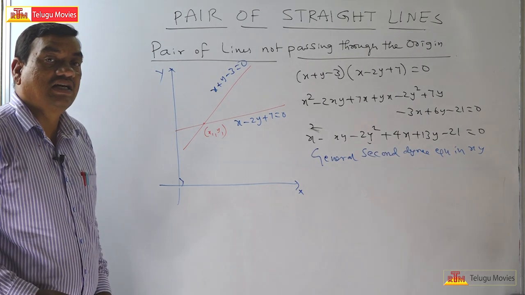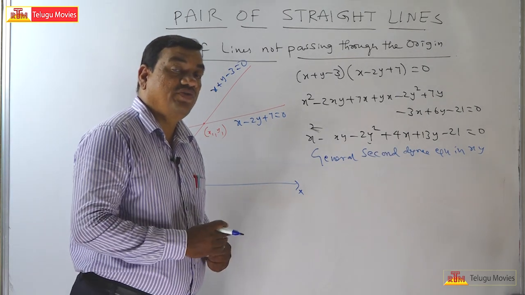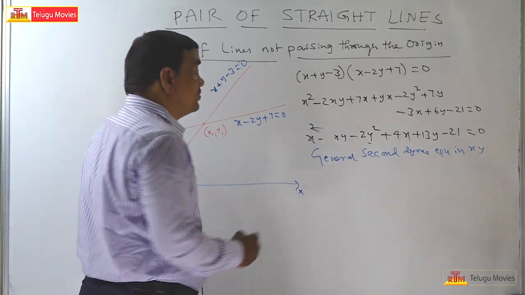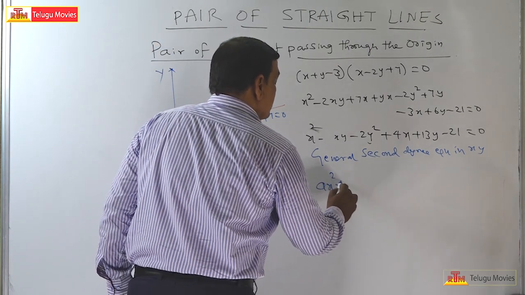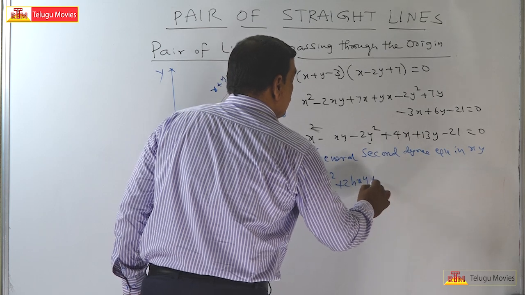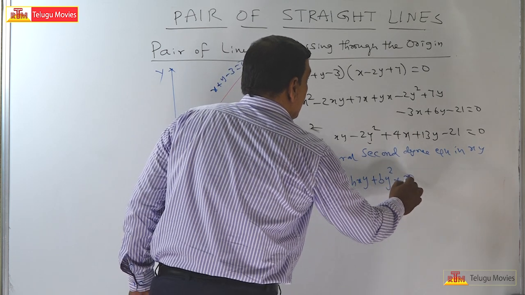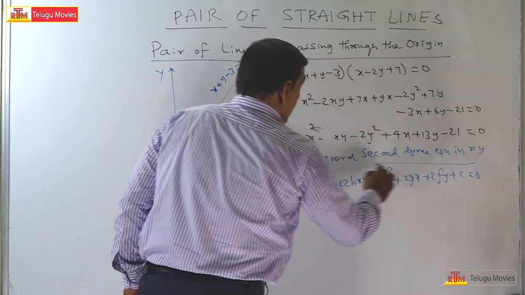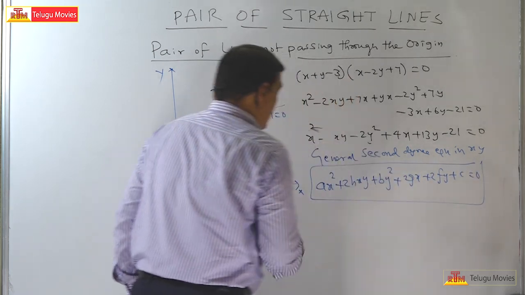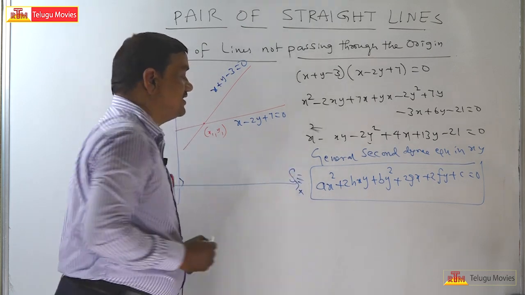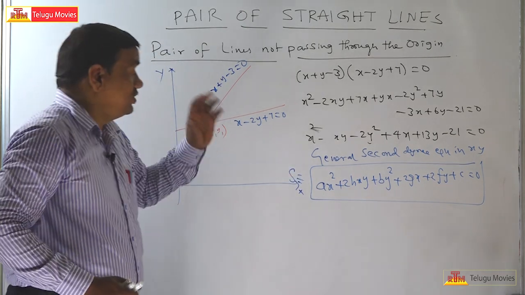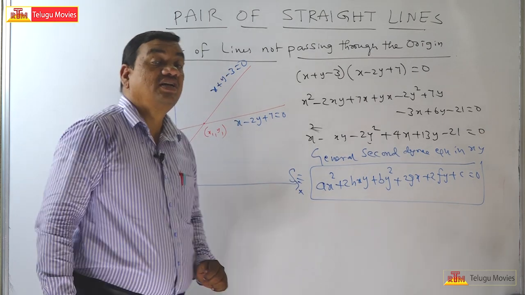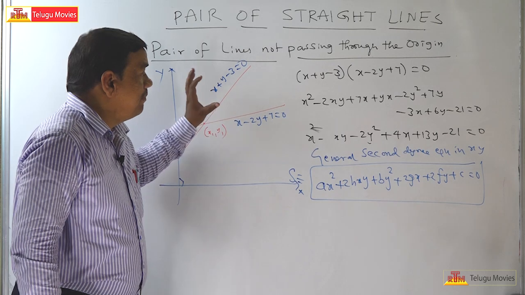In algebra we came to know that the general second degree equation in x and y is given by ax square plus 2hxy plus by square plus 2gx plus 2fy plus c equal to 0. Generally, we call it S equal to 0. This second degree equation represents a pair of lines.